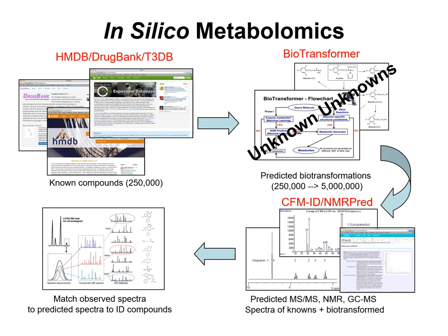There are tools such as BioTransformer, which are able to take those known compounds and generate the biologically feasible structures. And then there are tools like CFM-ID or NMR prediction tools or collisional cross-section tools that can predict from a given structure an observable. And that's the observable that we ultimately experimentally measure.